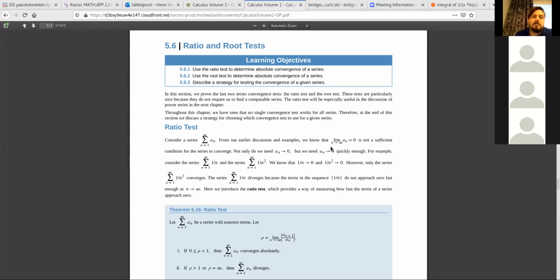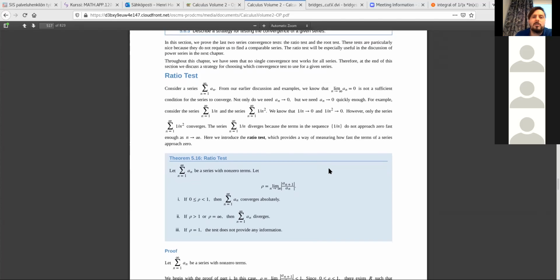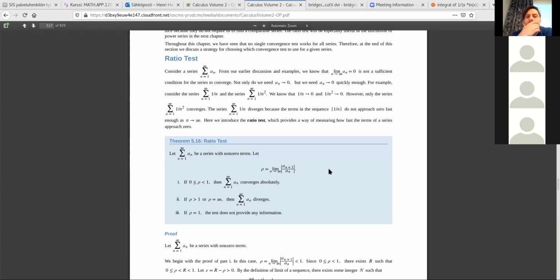The ratio test can be thought of as a comparison to the general geometric series. Remember that in the general geometric series, we had the sum as n goes from 1 to infinity of a times r to the n.